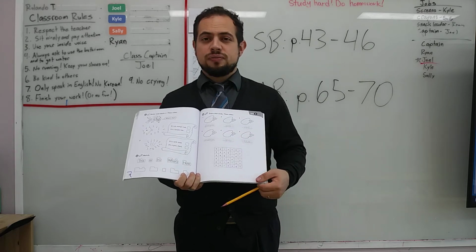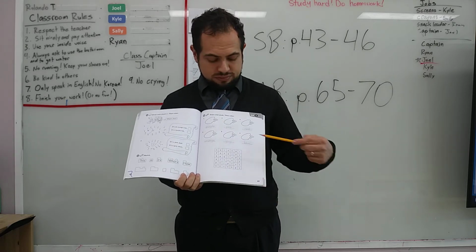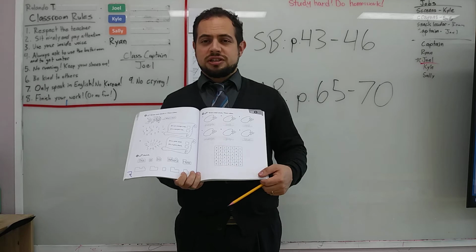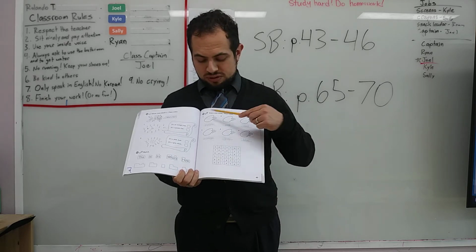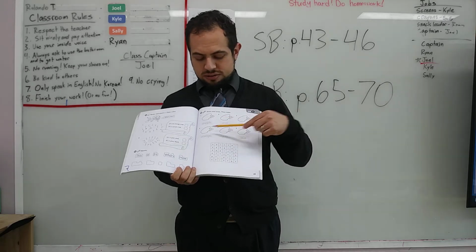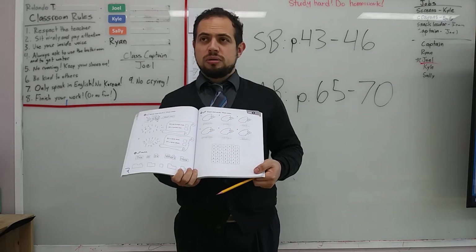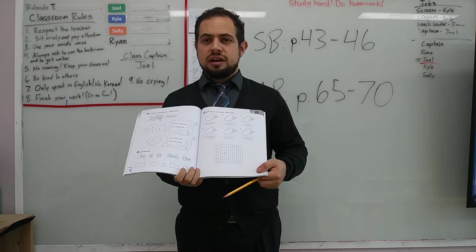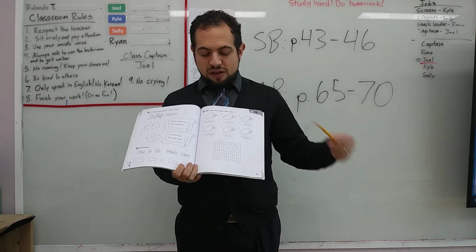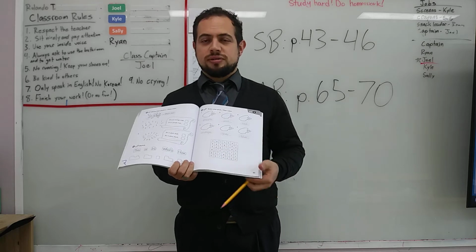Number 5, gray. And number 6, blue. So, trace those words, purple, pink, red, orange, gray, and blue, and then find them in the crossword puzzle.